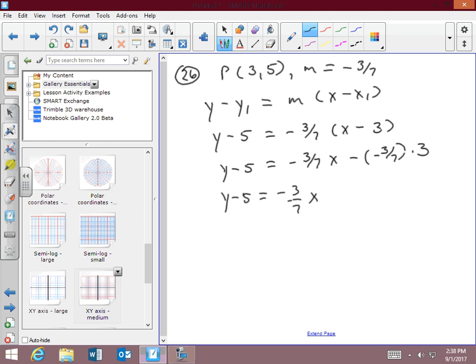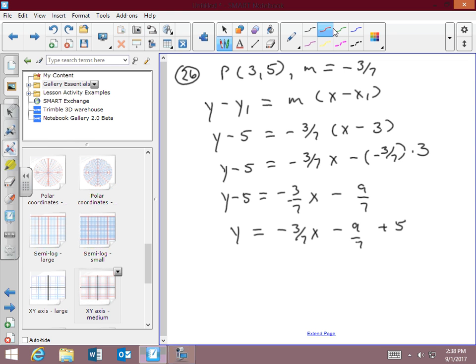So minus and minus, this is going to be a plus, and this is going to be 9/7, right? So it's y, and I'm going to move the 5 over to the other side. Minus 3/7 x minus 9 sevenths plus 5.